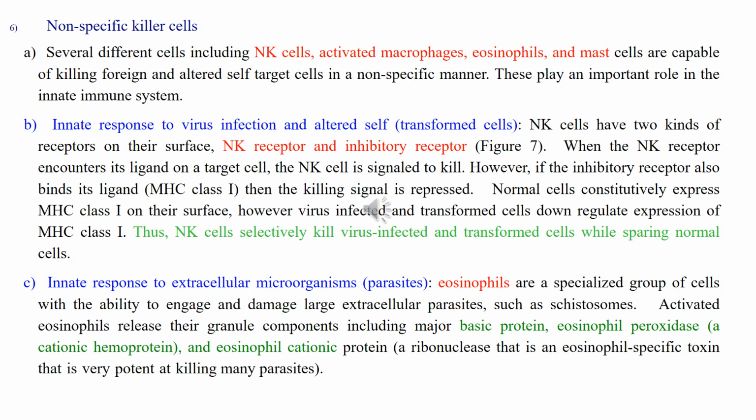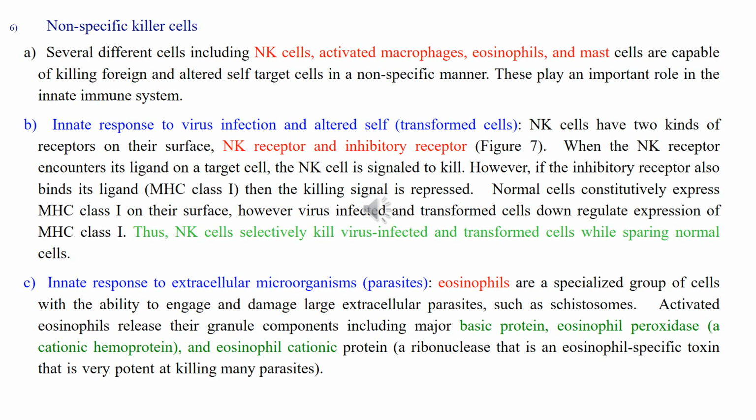Normal cells constitutively express MHC class 1 on their surface. However, virus-infected and transformed cells downregulate expression of these MHC class 1 molecules. Thus, NK cells selectively kill virus-infected and transformed cells while sparing normal cells, and this depends on the expression of MHC molecules.